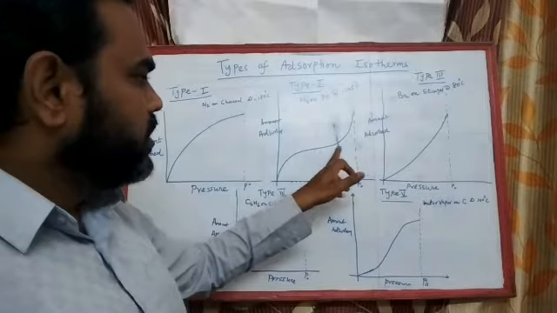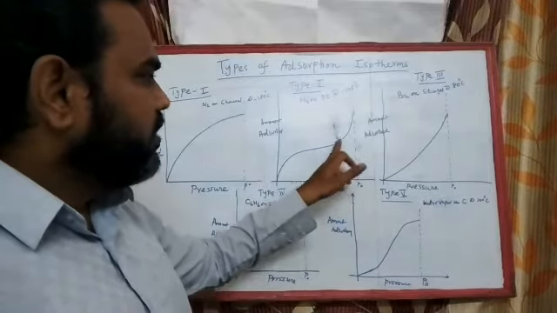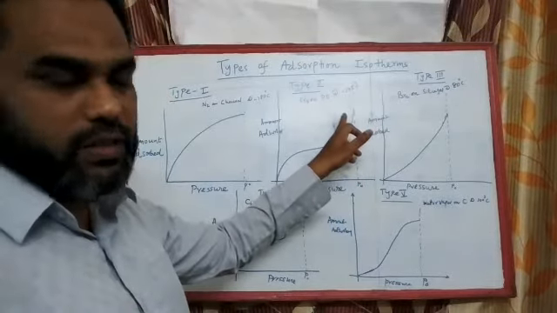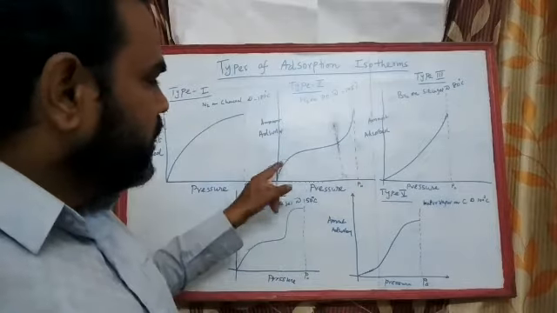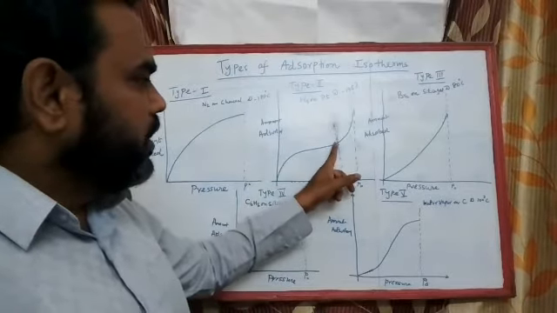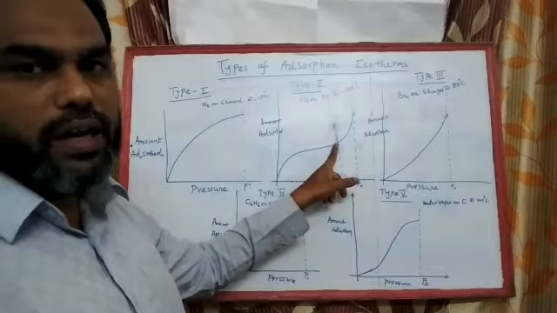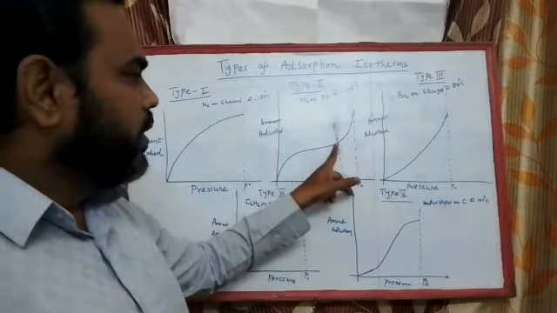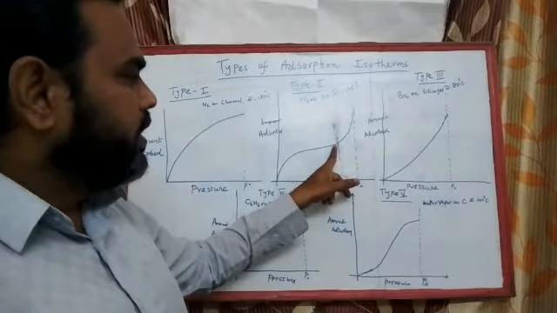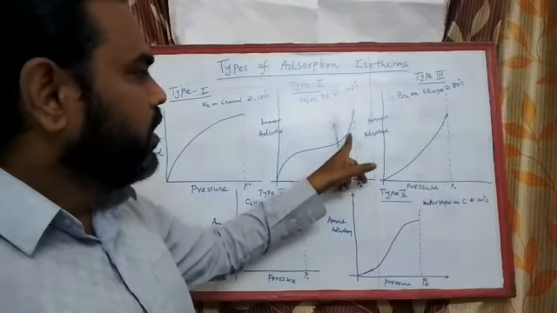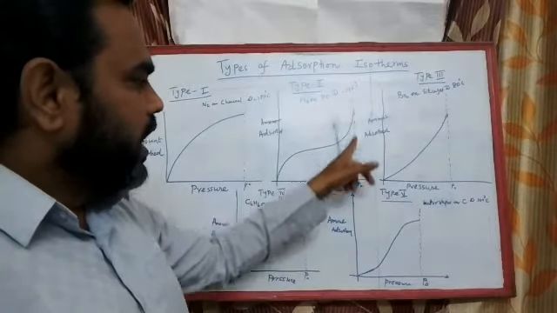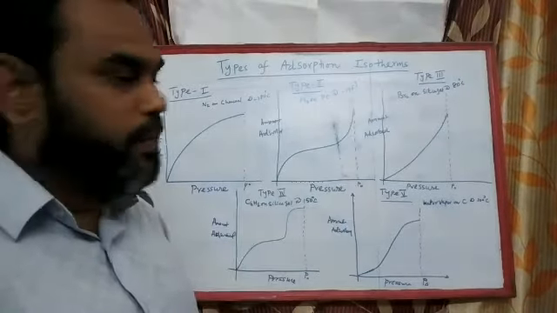So up to this point you can find monomolecular adsorption takes place, and beyond this saturation, beyond this constant amount adsorbed, there is a further increase and it reaches the saturation pressure P0.